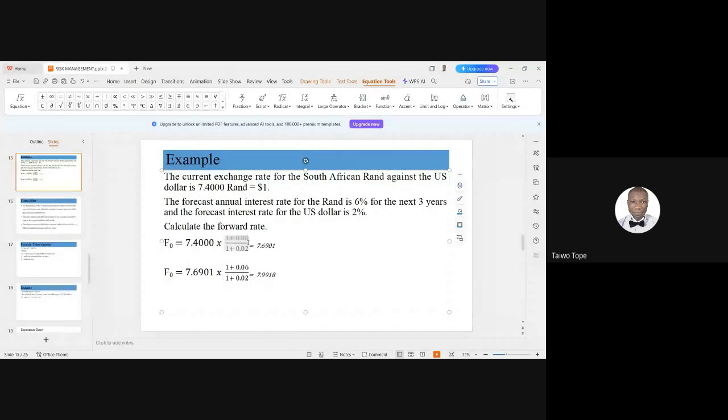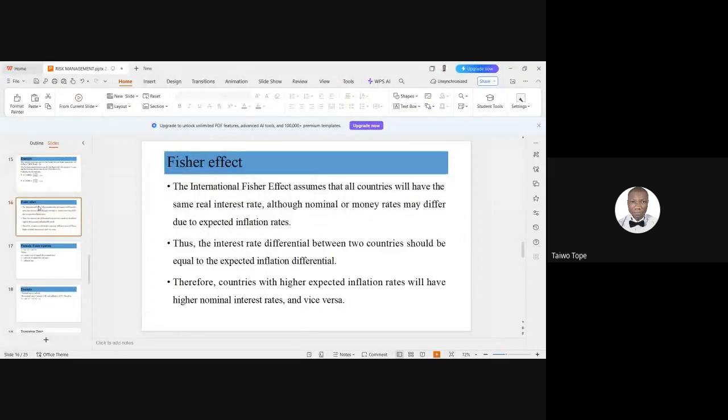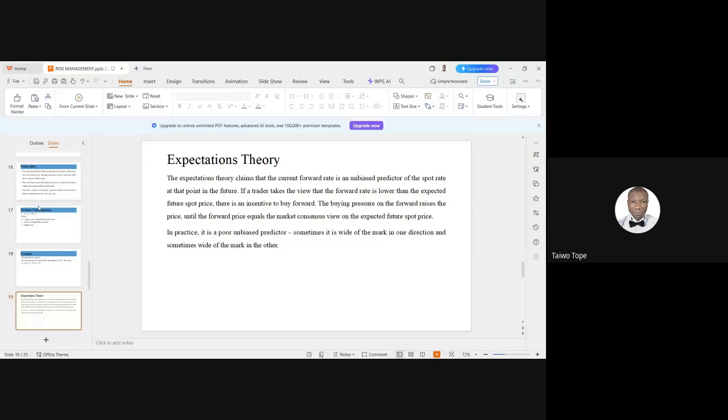So the expectation theory is a build-up of interest rate parity theory, purchasing power parity theory, and the Fisher's theory.